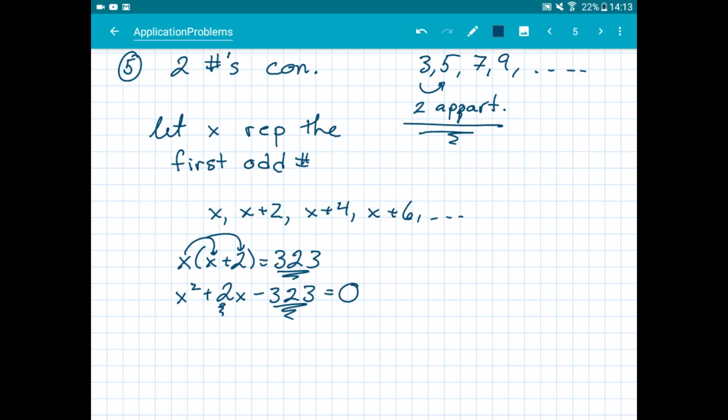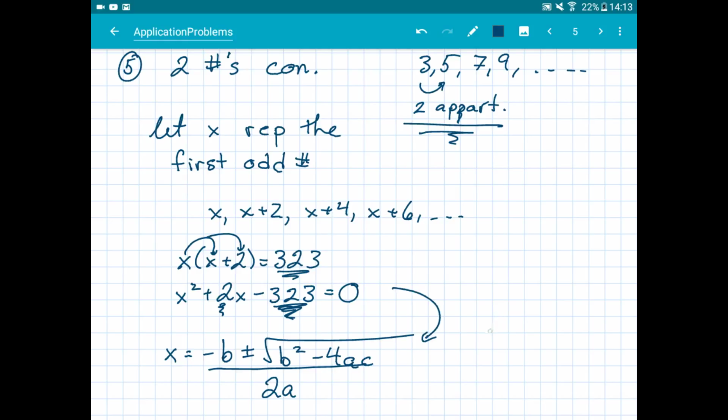Since we assume this has an answer, that we're going to get integers, it has to be factorable. So you can do that and see if you can find the set. Or my instinct here might be just to go right to the quadratic formula: minus b plus or minus the square root of b squared minus 4ac all over 2a. You take that, plug it in there, and get your two answers. I'll leave that as an exercise for you.